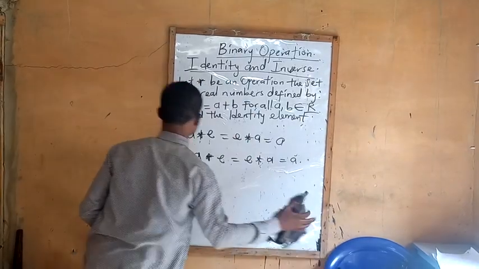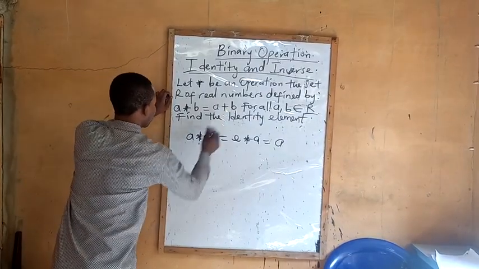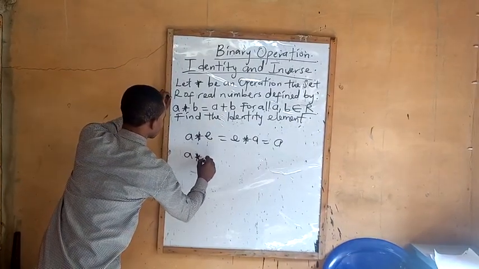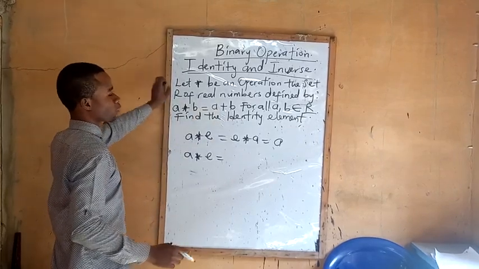And what does that mean? That means, don't forget, A asterisk E equals A plus B. They give us in the form of A plus B.